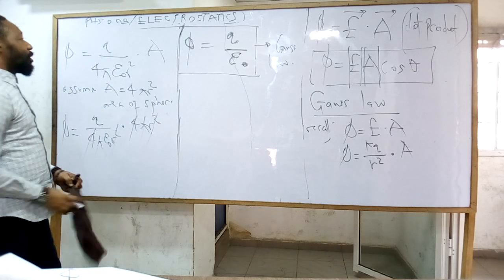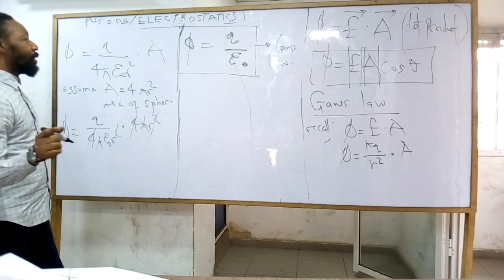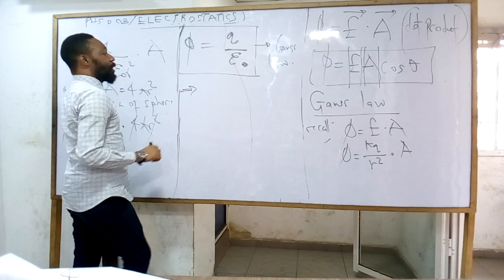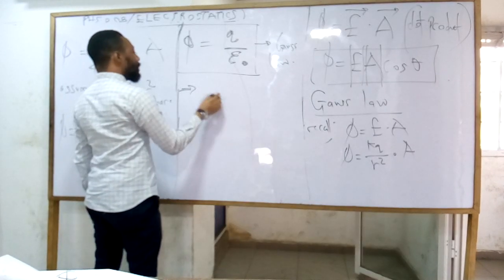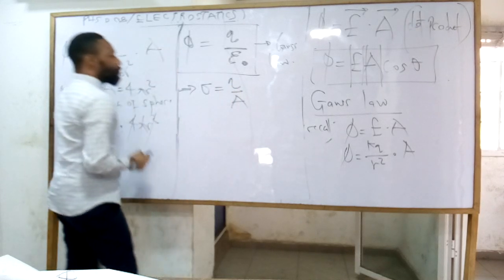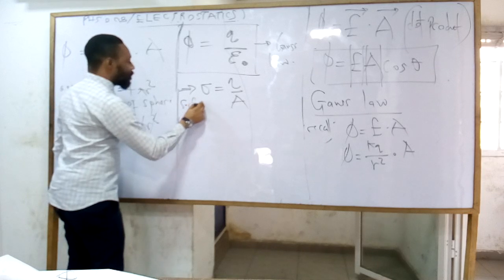We're also trying to look at another connection between electric field intensity and surface charge density. Remember again, we said sigma equals charge by area. Charge by area, that is surface charge density.